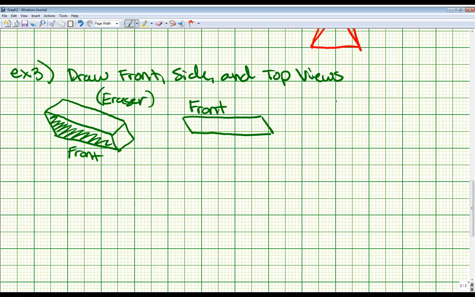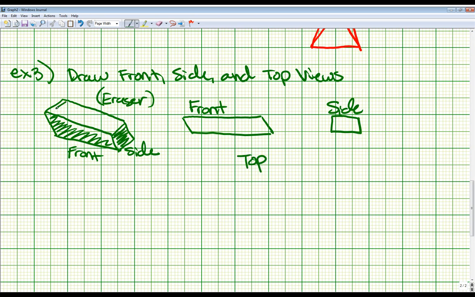Now, if I want the side view, that would be like this little guy right here. I'm going to label that side. And if I only looked at that side and I couldn't see the top or the other pieces or the bottom, you would see that it would just look like a little rectangle right here. And then the last one they want us to draw is the top view.